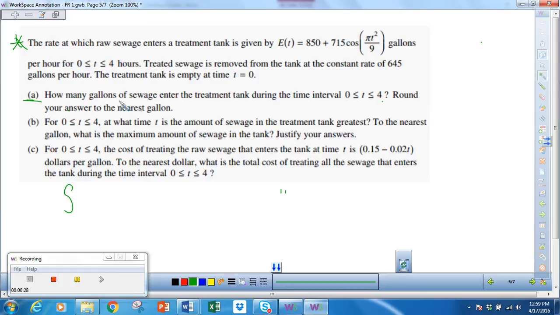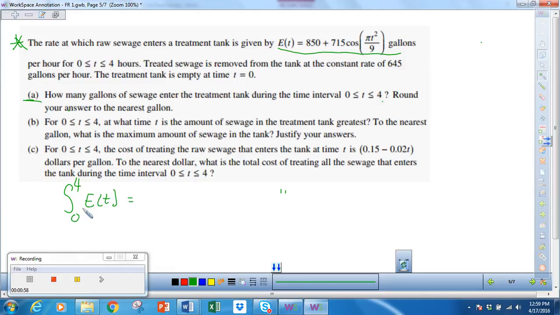When they ask you to find how many gallons were in the tank during the interval, and you recognize that this is a rate, so essentially this is the derivative. So to find the total amount in the tank at the end of 4 hours, we would integrate from 0 to 4, and we would integrate E of t.